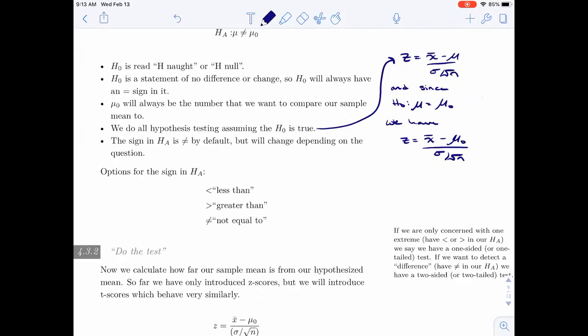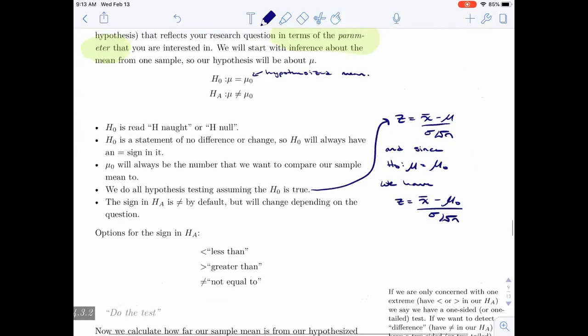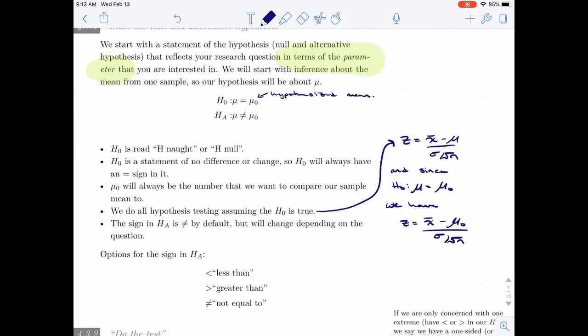In our alternative hypothesis, if mu isn't equal to mu naught, the alternative would be that mu is not equal to mu naught. So you tried this, you found evidence against it, so then you can conclude that mu must not be equal to mu naught. You've actually got 3 options there, but the default is going to be not equal to. So you just say, I hypothesize that they're the same, or they're just not equal to each other.